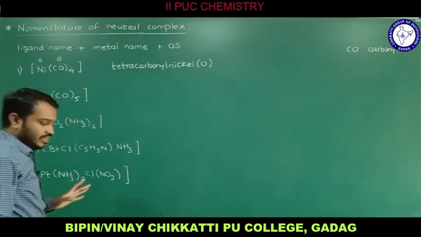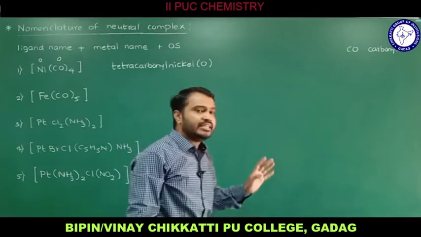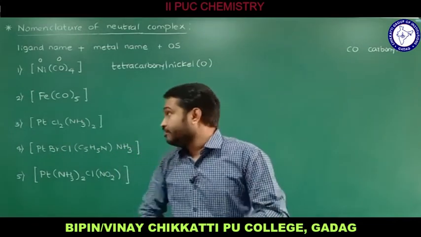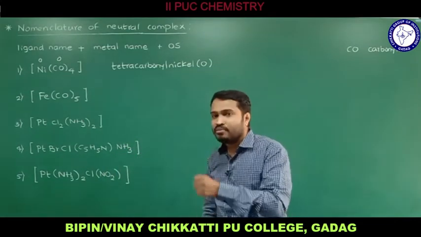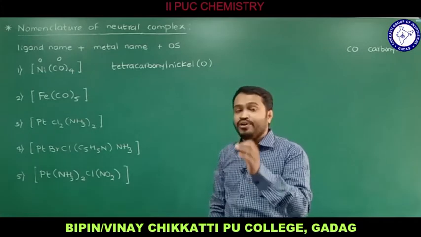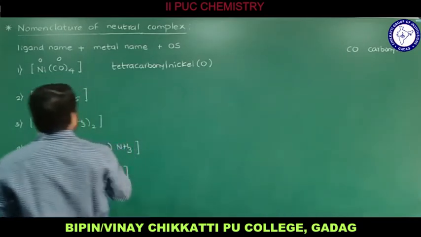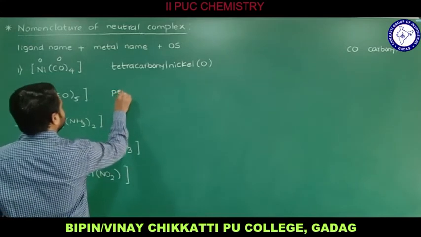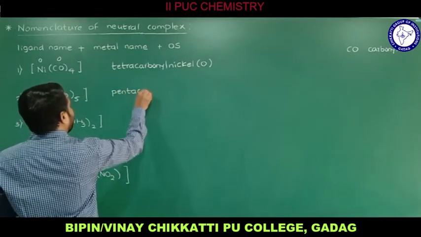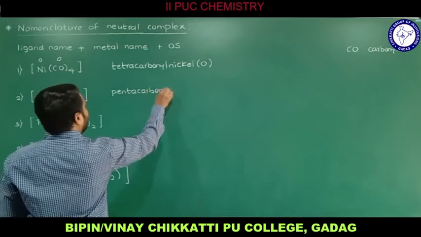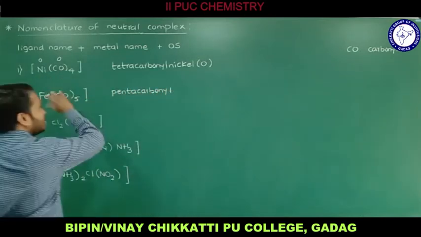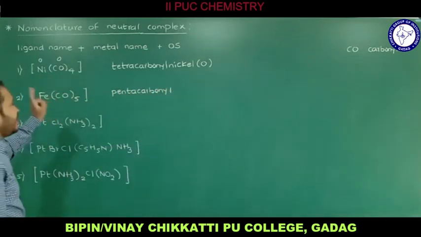Next one we'll see, it is also of the same kind. Fe(CO)5, 5 times we have. Iron will be the central metal atom, CO, carbonyl will be the ligands. We have 5 ligands, therefore the prefix I am supposed to consider here is pentacarbonyl. All this is the coordination sphere, continuously we are supposed to write pentacarbonyl.